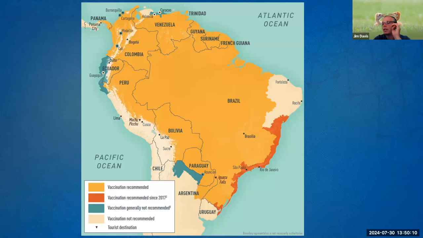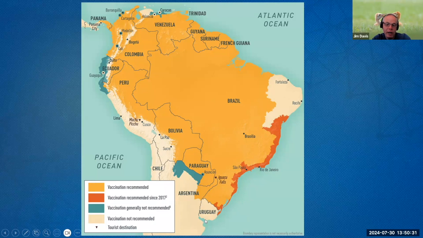So if you go to South America, this is what the CDC says as far as your vaccinations. If you're going to Brazil, your vaccination is definitely recommended. The red parts here are recommended since 2017.